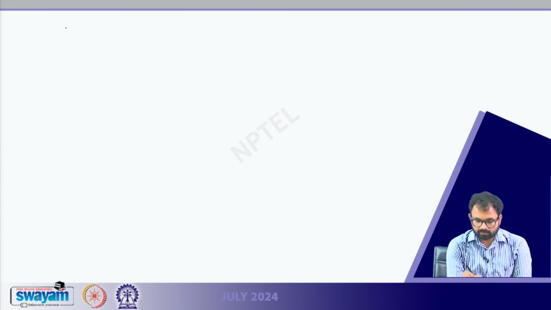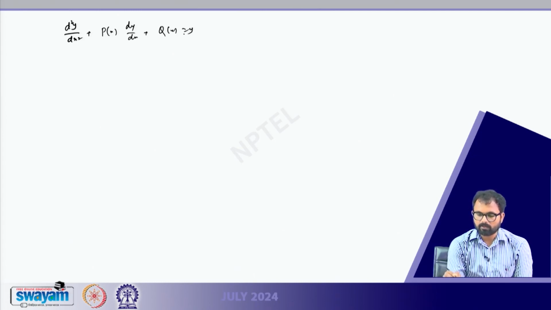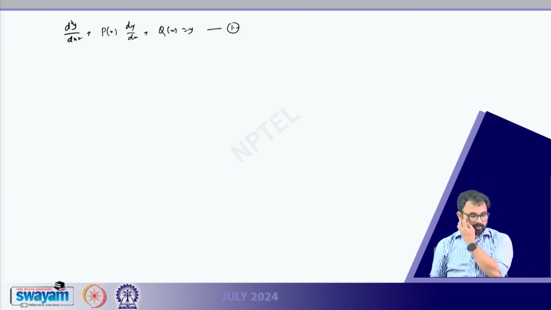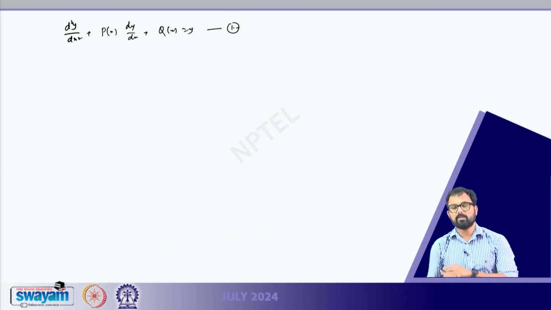So, suppose we have d square y by dx square plus capital Px into dy dx plus Qx y equals to 0. Let us call this equation number 1. And here capital P and capital Q are functions of x.